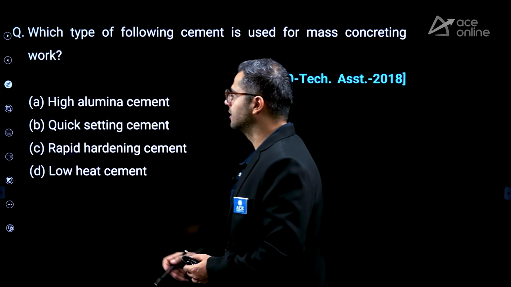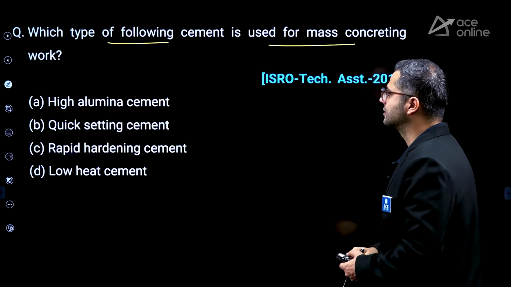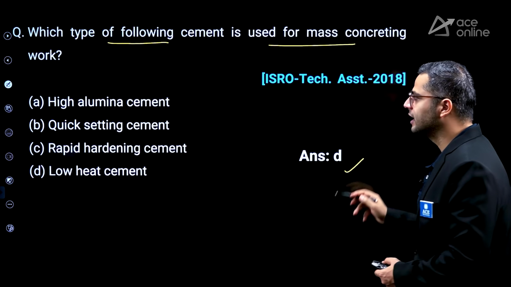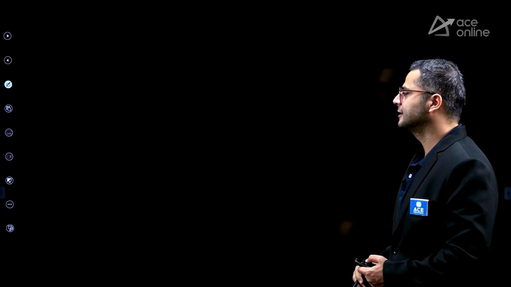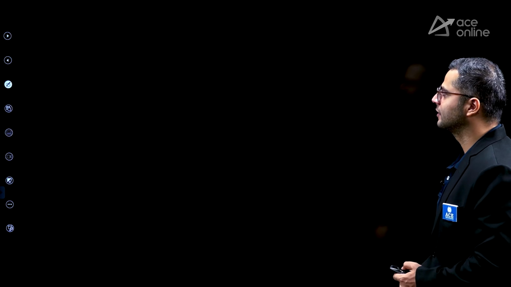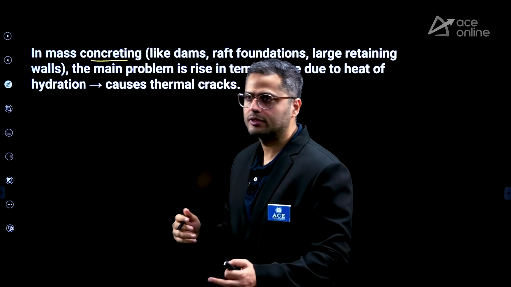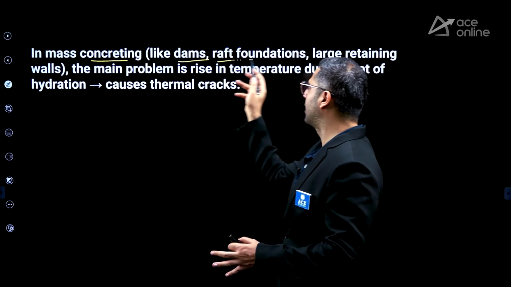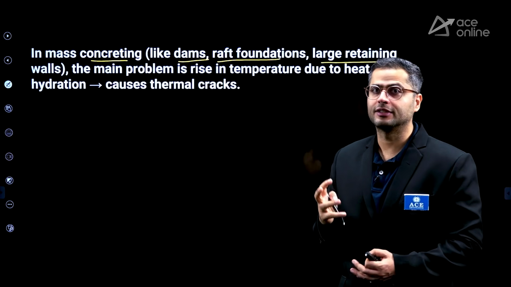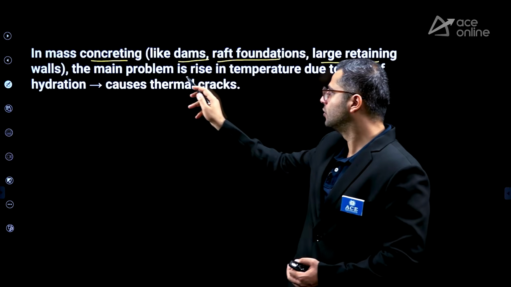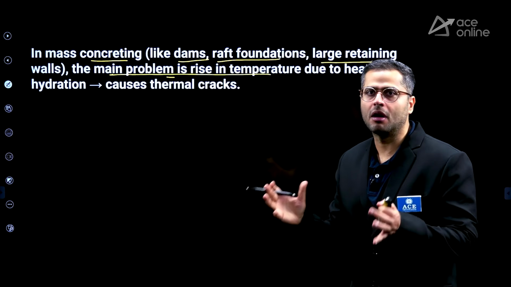Next question is there, what they are saying, which type of the following cement is used for mass concreting works. So for mass concreting works, mostly you would see low heat cement. Especially because mass concreting works are mostly required in structures like dams, rough foundations, large retaining walls. The point is heat of hydration. So the rise of temperature would be quite high, right? It will be a major problem because we are using concrete in bulk.